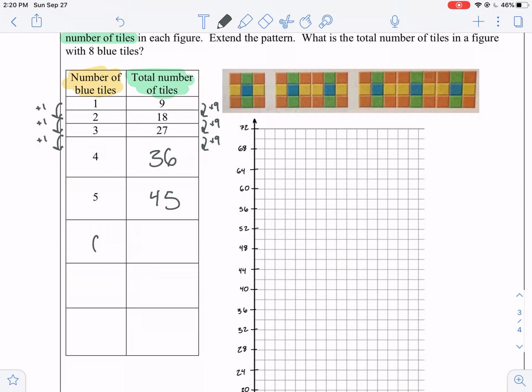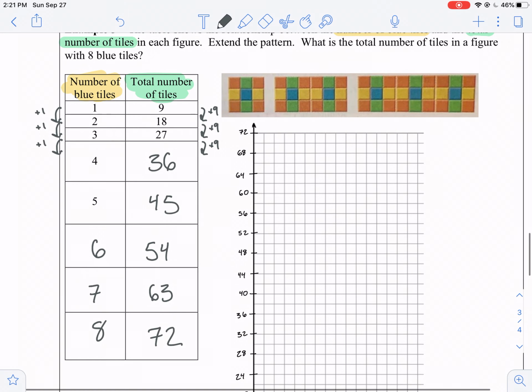To follow the same pattern, I'm going to keep going 6, 7, 8. And then we find 45 plus 9 is 54. Plus 9 is 63. Plus 9 is 72. So what's the total number of tiles in a figure with 8 blue tiles? 72. Now that was on a table.